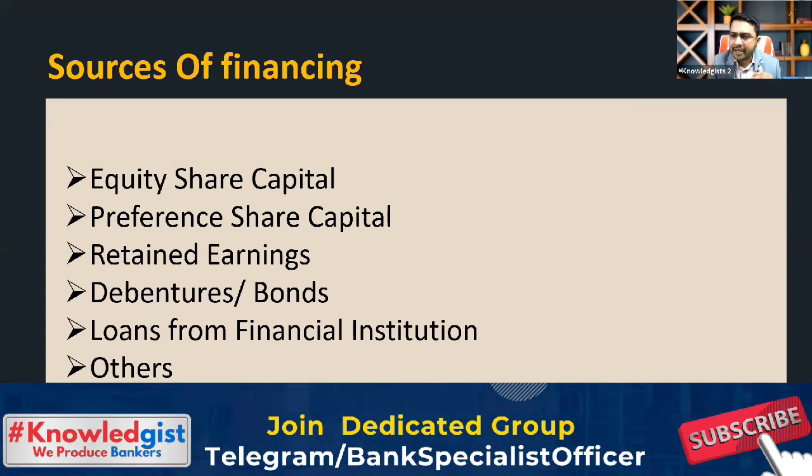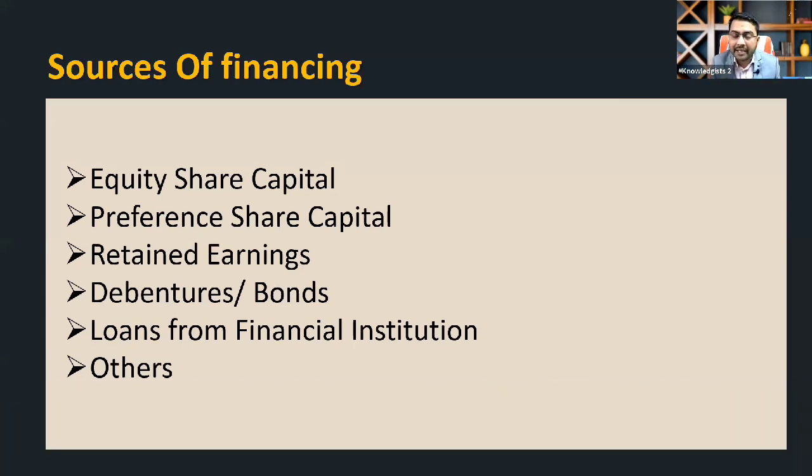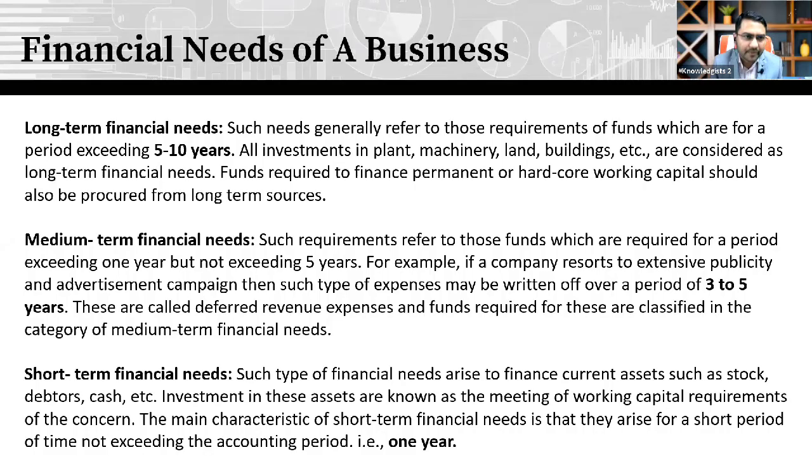These are the various sources of financing from the point of view of a customer or a business. So a business can arrange funds through these 6 options: equity share capital, preference share capital, retained earnings, debentures or bonds, loans from financial institutions, and others.